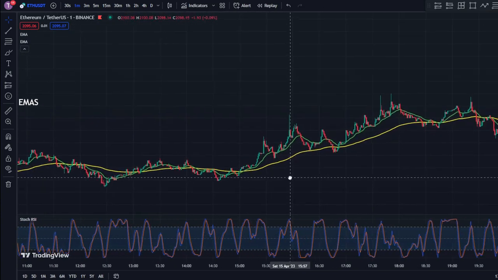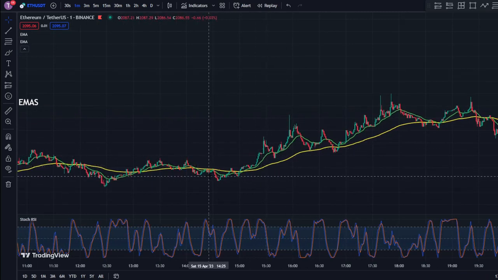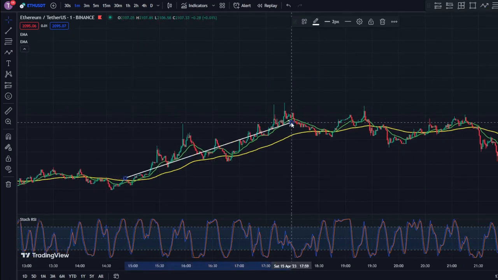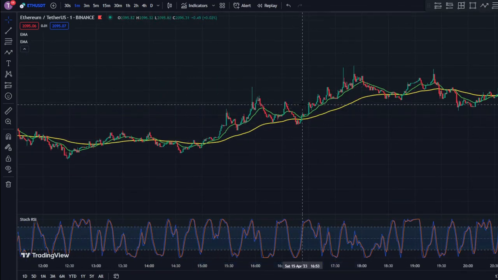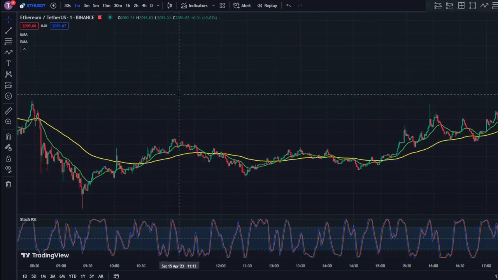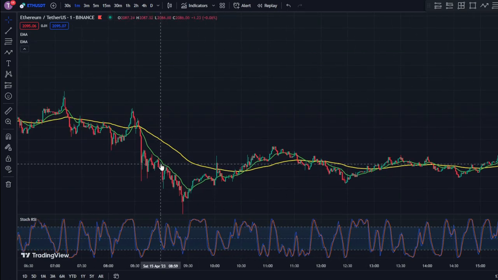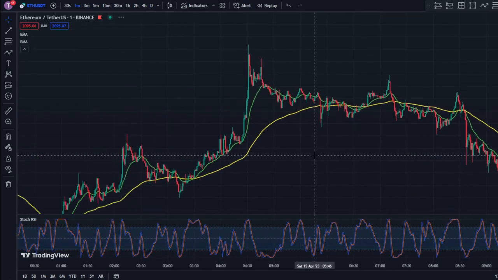Same thing here: when the green EMA is above the yellow EMA, we're in a short-term uptrend, clearly in an upward direction. So how do you use this to take trades? Whenever the green EMA is above the yellow EMA, you go long. Whenever the green EMA is below the yellow EMA, you go short. Just follow the trend.